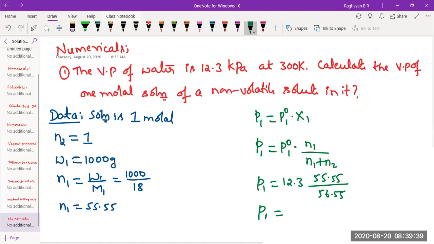Neeti Gandhi, what's the answer? Sir, 2 seconds. Anurag, I'm sure of late you're not responding.